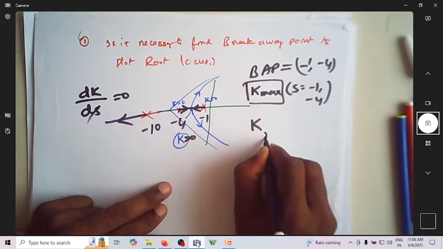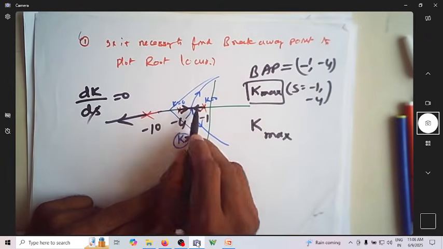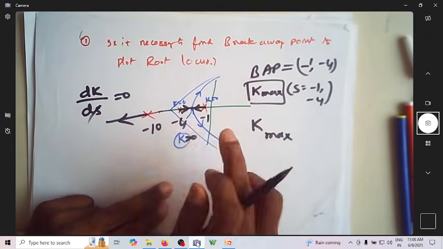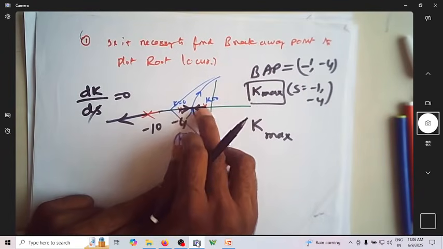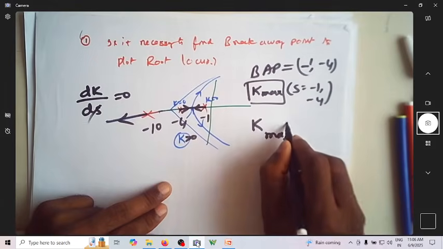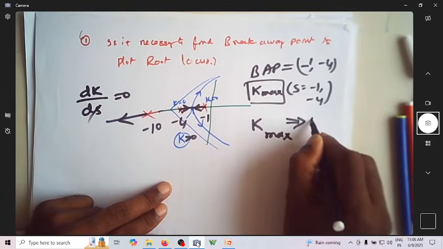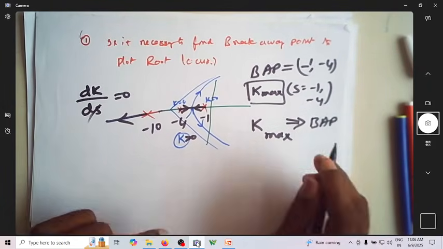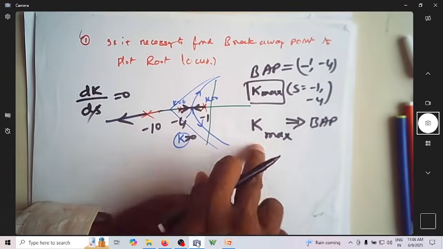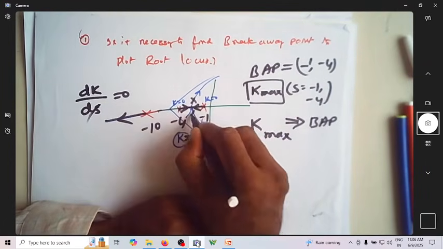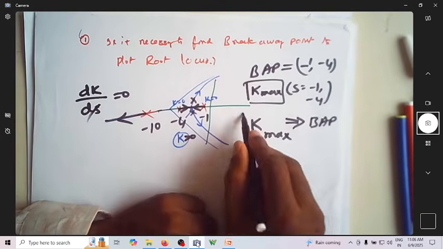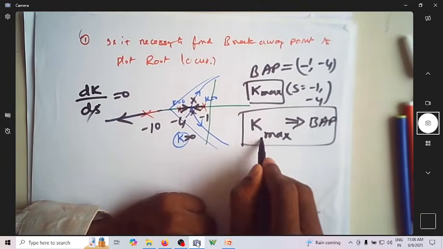This k max is the value of k for which the closed loop poles meet each other, which corresponds to the breakaway point. If the value of k is more than this k max, then the poles will become complex.